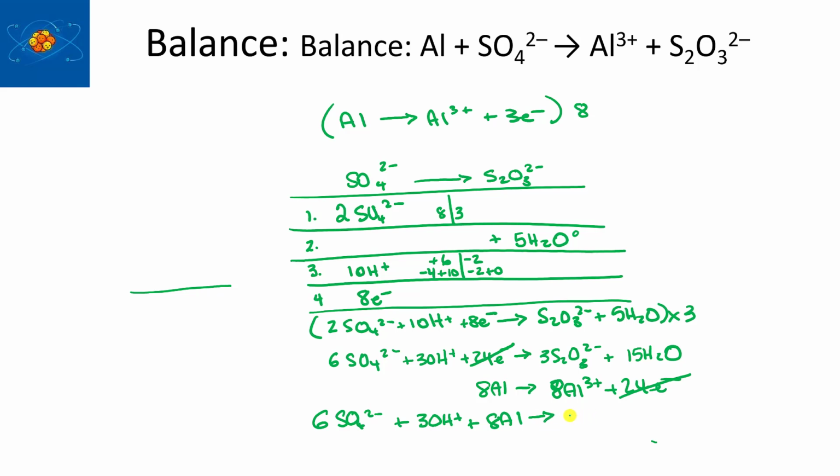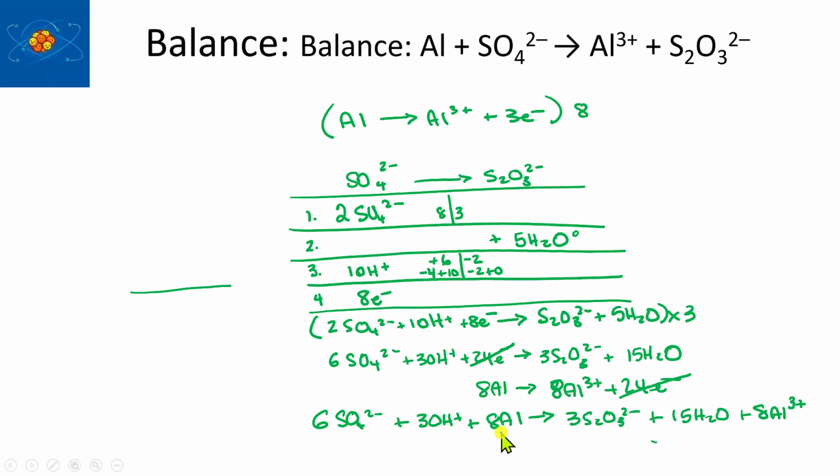Makes 3 S2O3 2- plus 15 H2O plus 8 Al3+. And that should be the balanced reaction, and you can always check it.